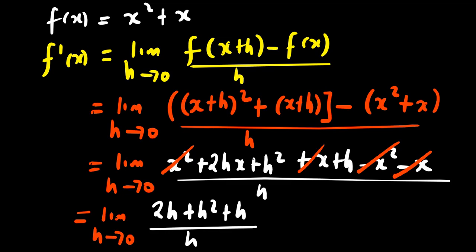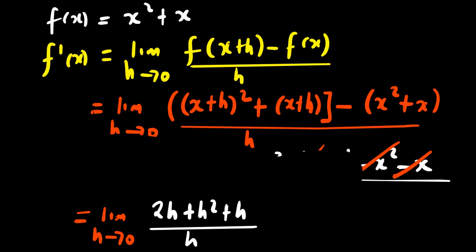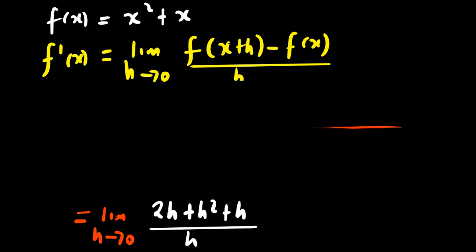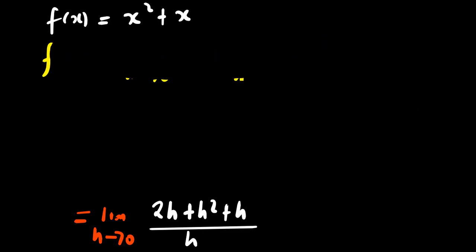Allow me to rub on top. What are we going to now finally have? We're going to have the limit as h is approaching 0. This is f prime of x.